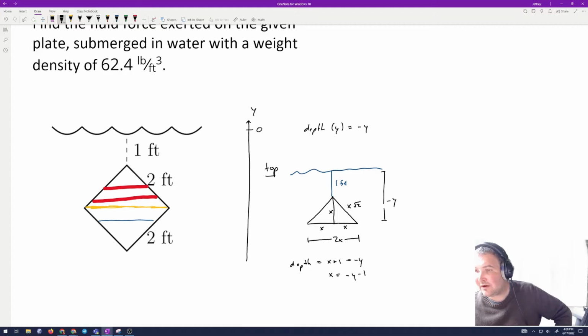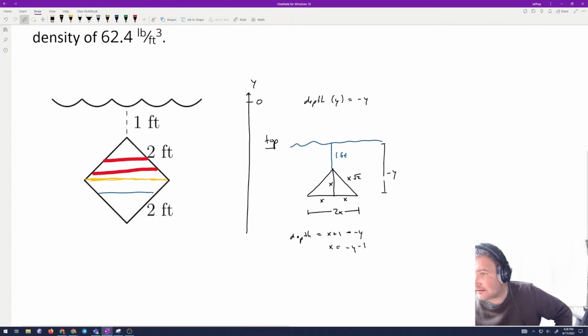So now we can talk about the total length. The length at any particular value of y is going to be negative y minus 1. That's great. Let's just check: when y is negative 1, we see the length is 0. That's right. Now we have to go all the way until the side length here is 2 feet.